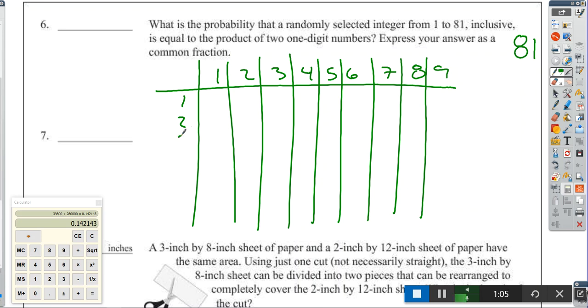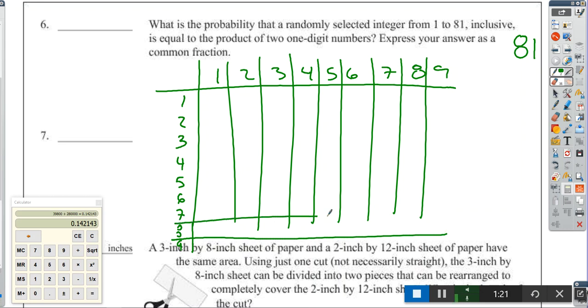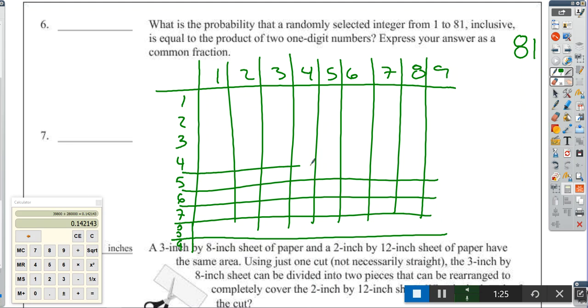Now, the trick here is a lot of the numbers will be repeating. That will happen several times. Like 12 is going to show up a lot on this table. And we don't want to count every one, just the first one we see.